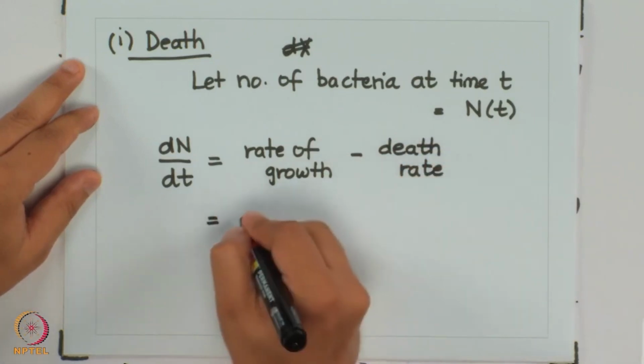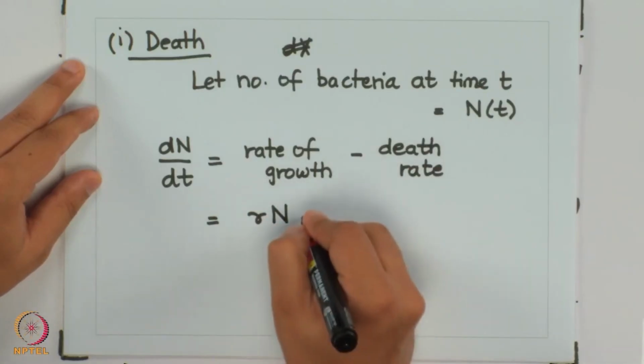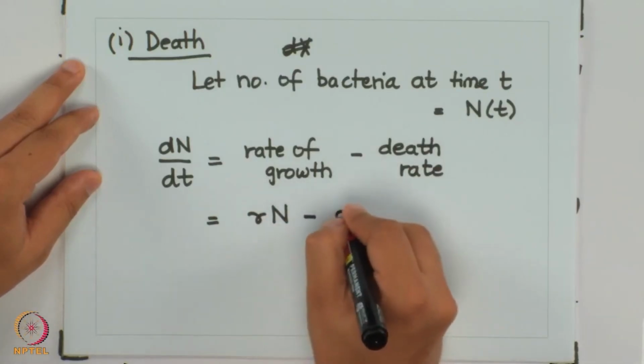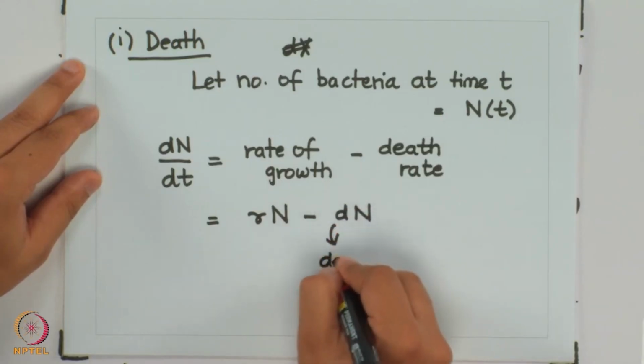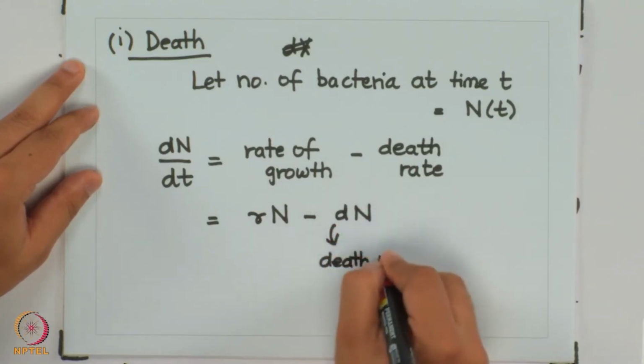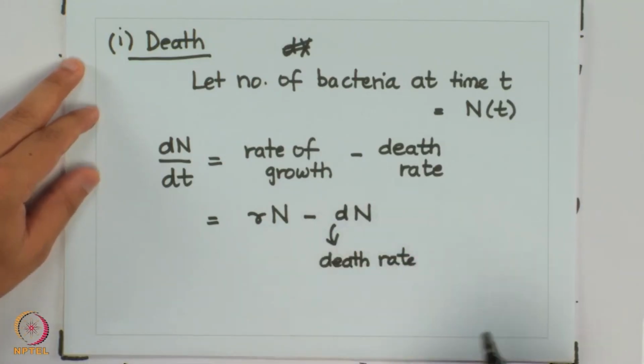And this we saw can be written as r times n, where r is the rate of growth, and death rate can be approximated as d times n, where d is the death rate, and n in both these cases is the number of bacteria at that particular time t, which is n(t) here.